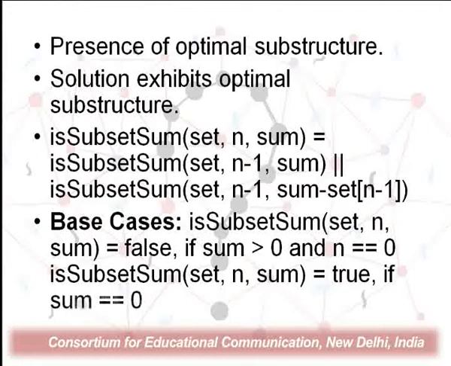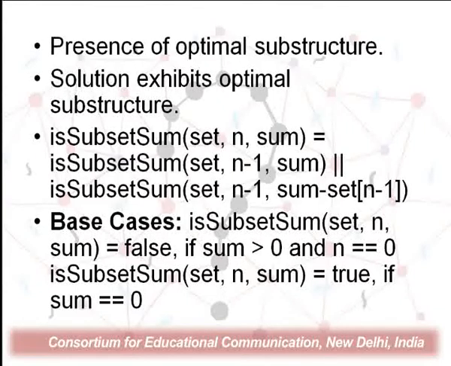If I am considering that item, then I will have to recur with isSubsetSum, the set is the same, n minus 1, obviously, because one item has been already taken into consideration, and as we have included that into the sum, my total sum which is left will be sum minus set of n minus 1.